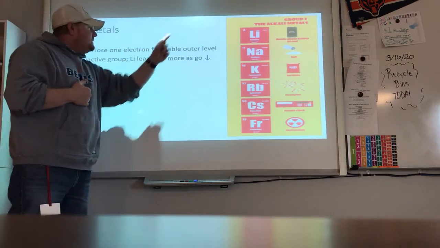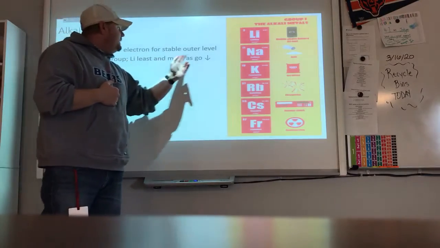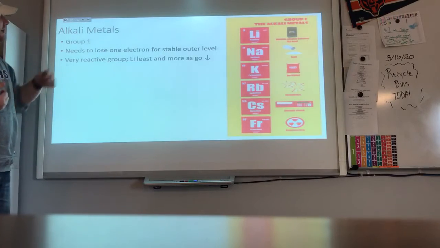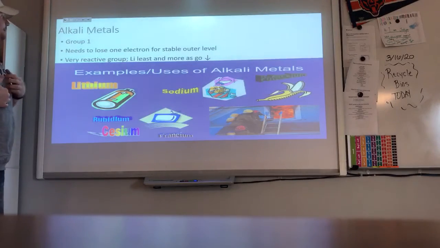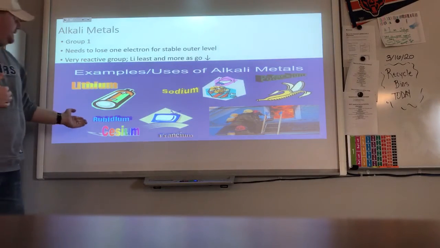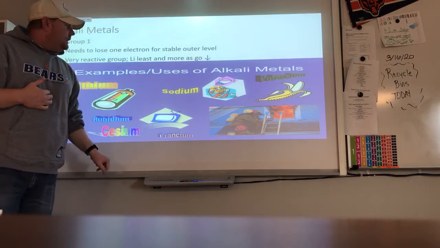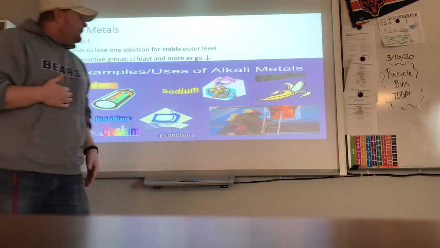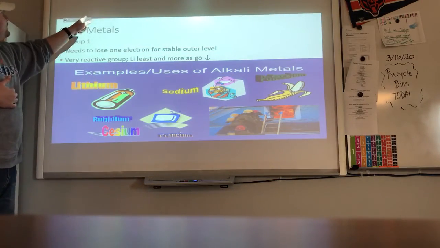So lithium is the least reactive, and they get more reactive as you go down. Cesium is more reactive than any of them. Now, lithium-ion batteries, rubidium and cesium, francium used in electrical, sodium, you see it in the salt, potassium, and other items there.